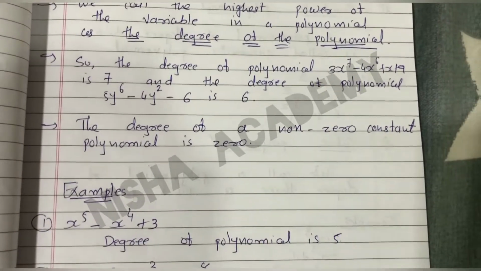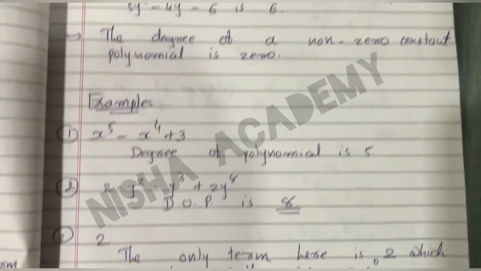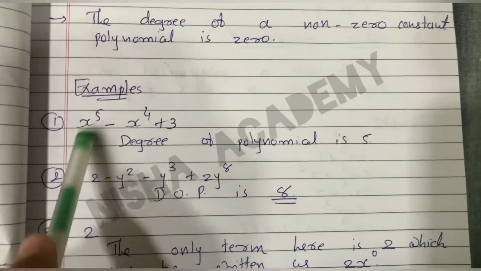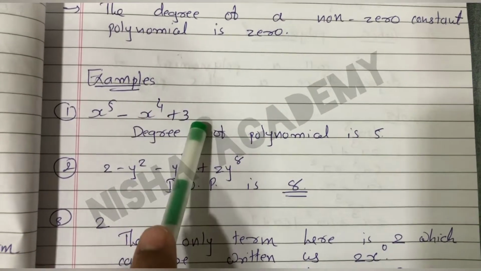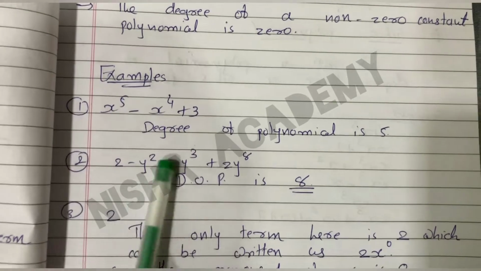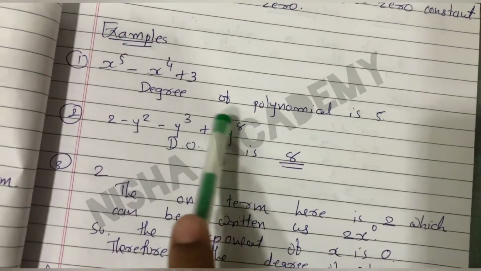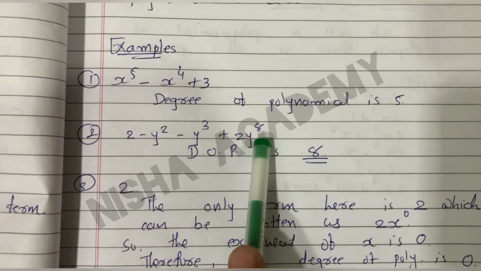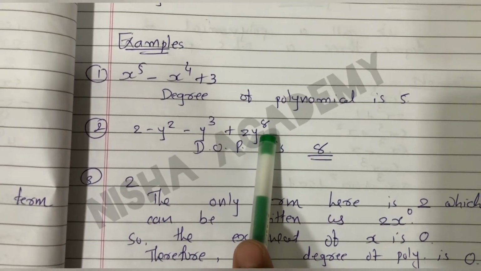And the degree of a non-zero constant polynomial is 0. Let us take some examples. Say x raised to 5 minus x raised to 4 plus 3. Here the degree of the polynomial is 5. Here the degree is 8, because the highest power of y is in 2y raised to 8.